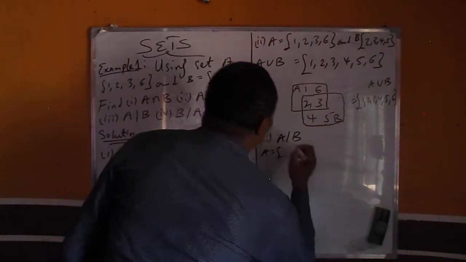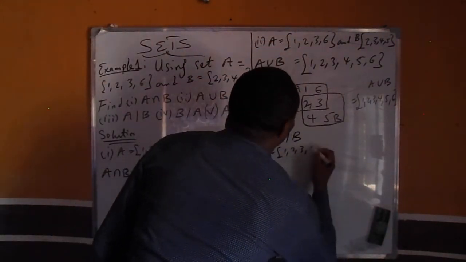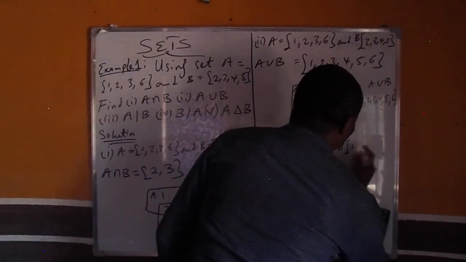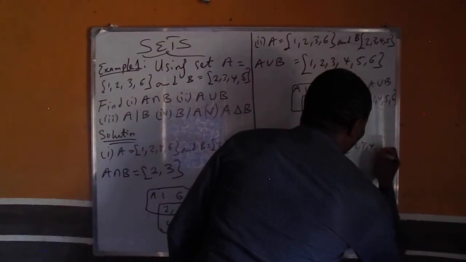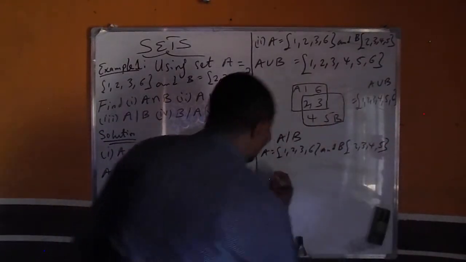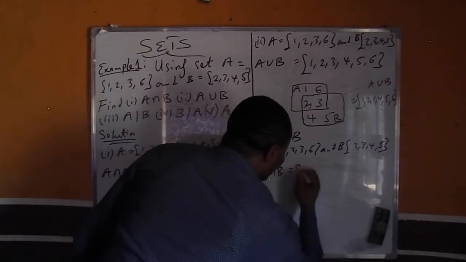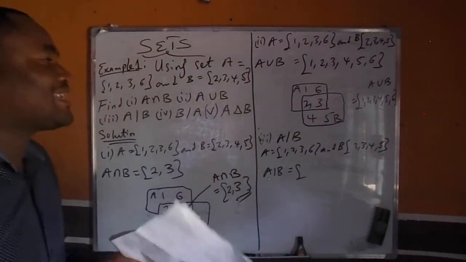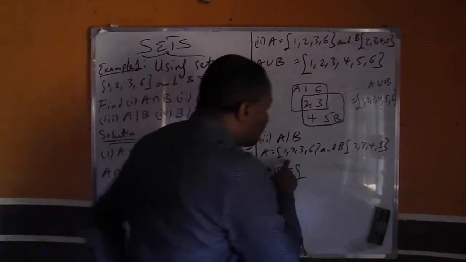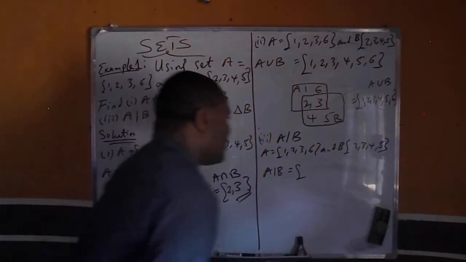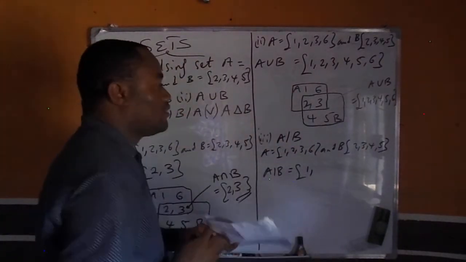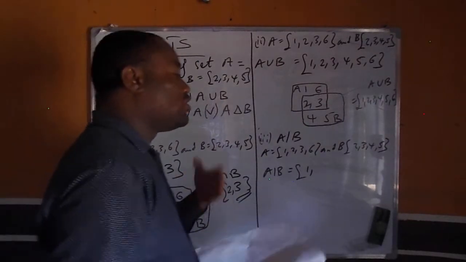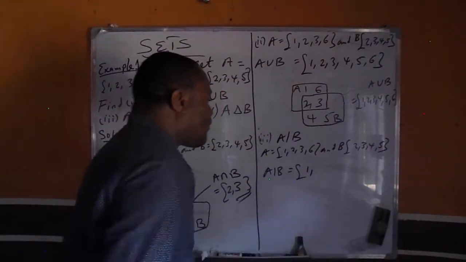If A equals 1, 2, 3, and 6, and B equals 2, 3, 4, 5, then A without B equals what we have in A that is not in B. What are the things we have in A that are not in B? 1 is in A, is not in B. So we have 1. 2 is in A, is in B, so we don't go with 2. 3, we don't go with it because we also have it in B. And we have 6.